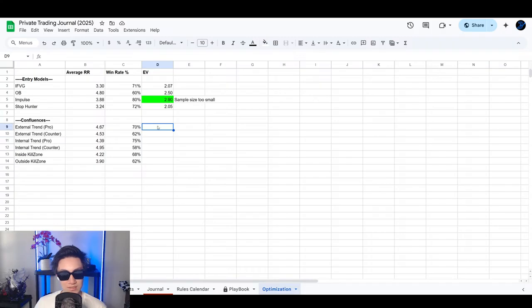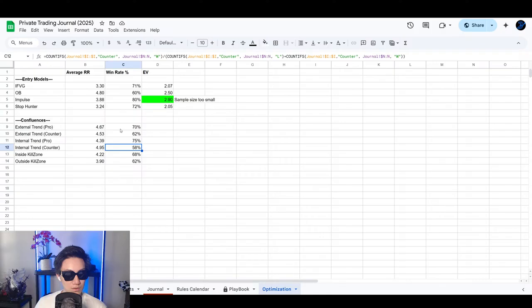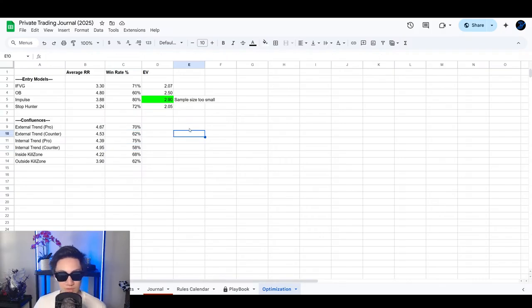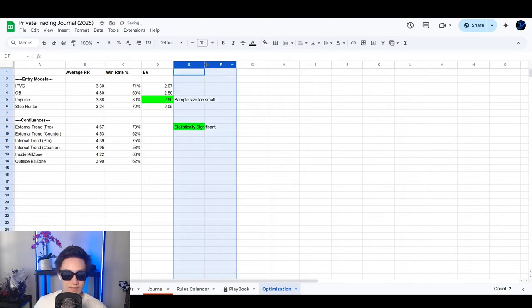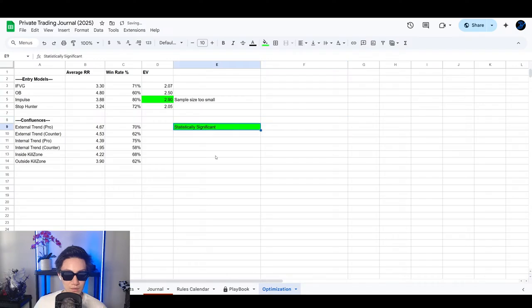So let's say you want to filter out things that are statistically significant. What you can do here is something like this. Anything that's statistically significant will be green.